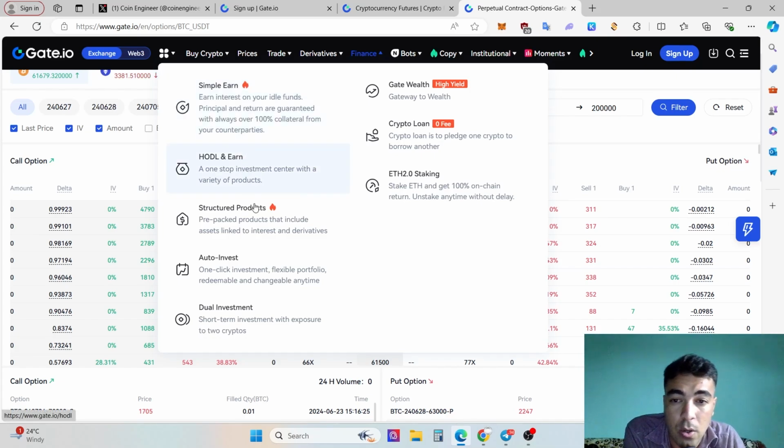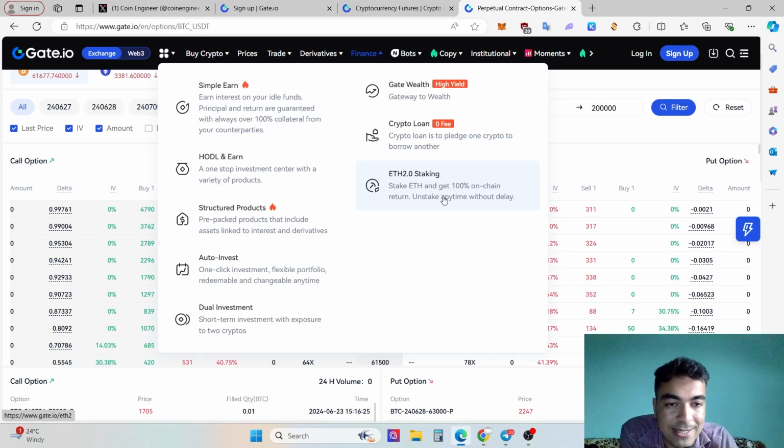Simple earn, hodl and earn, structured products, auto invest, dual invest. All of these products are designed to earn passive income at Gate.io. For example, if you have Ethereum, you can stake your own Ethereum and you can get passive income from there. And if you want to unstake that, there is no delay.